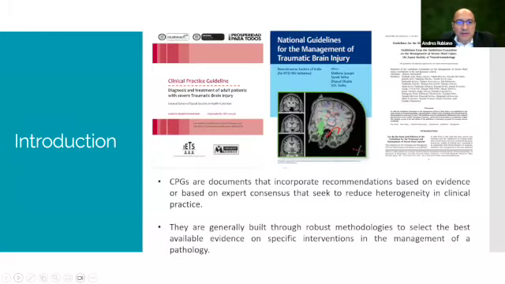You have been discussing the whole day the clinical practice guidelines. We know they are documents that incorporate recommendations, mostly based on evidence, but also sometimes on expert consensus, that look for reduced heterogeneity in clinical practice. They are generally built over robust methodologies in order to select the best evidence.